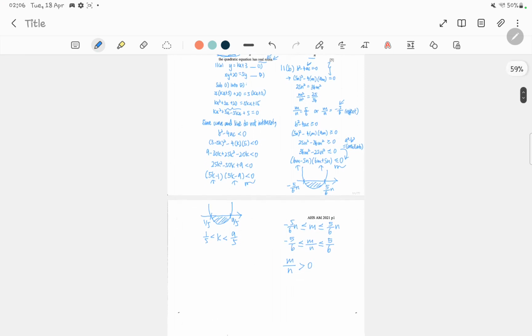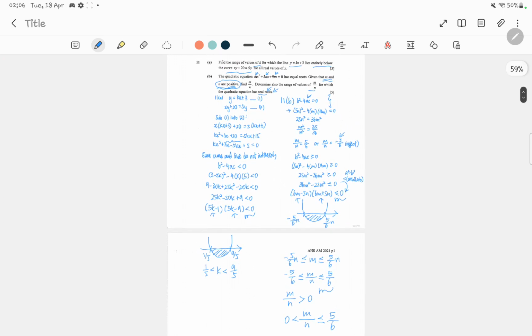Which means the final answer will be m over n strictly more than 0, but at the same time less than or equal to 5 over 6. So that will be the answer for question number 11 on discriminant.